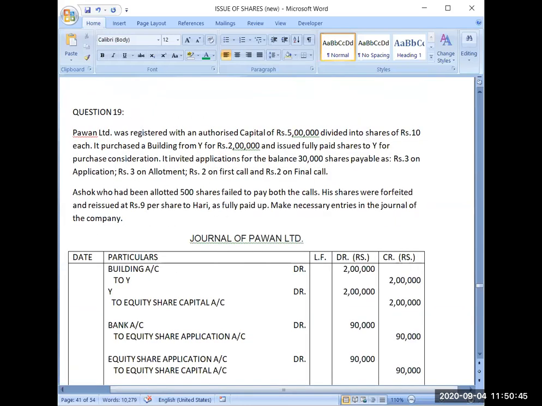How many shares have not paid? 500 shares have not paid. See, calls in arrear is a general word. We can write it as calls in arrear in the sense that we have not received the amount.